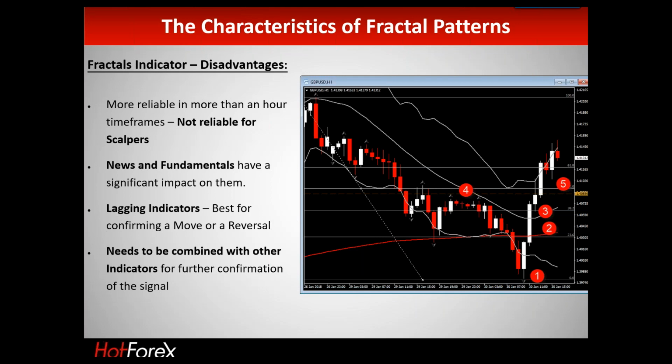For example, I can claim that they give a 90% correct signal in a daily time frame, but in an hourly time frame or a 30-minute one, it won't be up to 90%. It might be 60%. It might be 50%. So the shorter the time frame, the less reliable they are, but they can be applied.